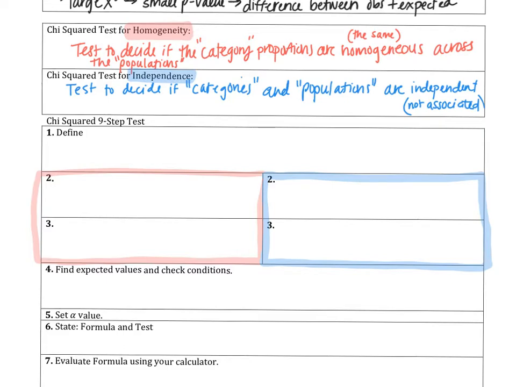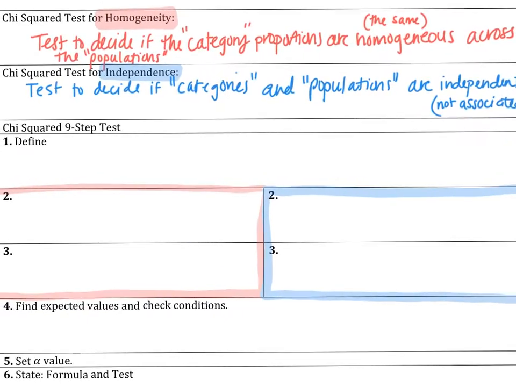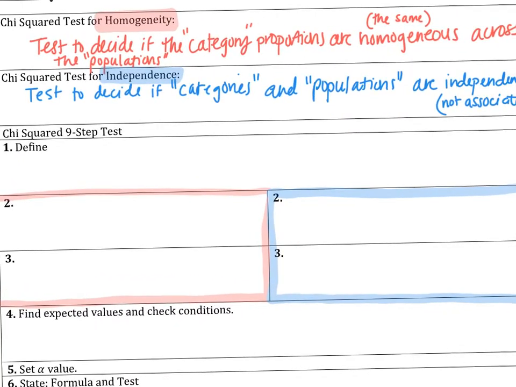All right, so the first step is that you want to define your populations and categories. And by define, we mean list them out.